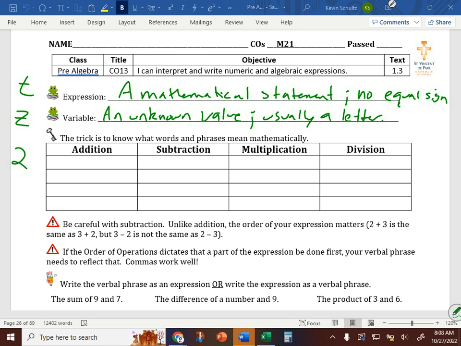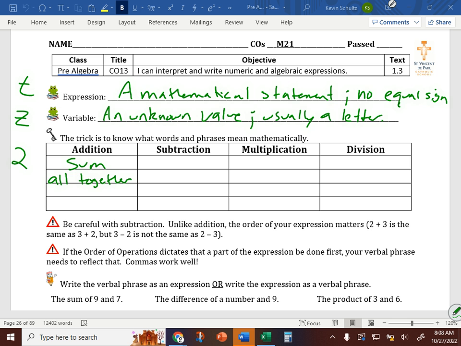So Anthony already gave us sum, which is the word that means addition. What are some other words or phrases that mean addition or any of the other operations? Anthony? Altogether. Meaning what? Addition. Good. Aiden.